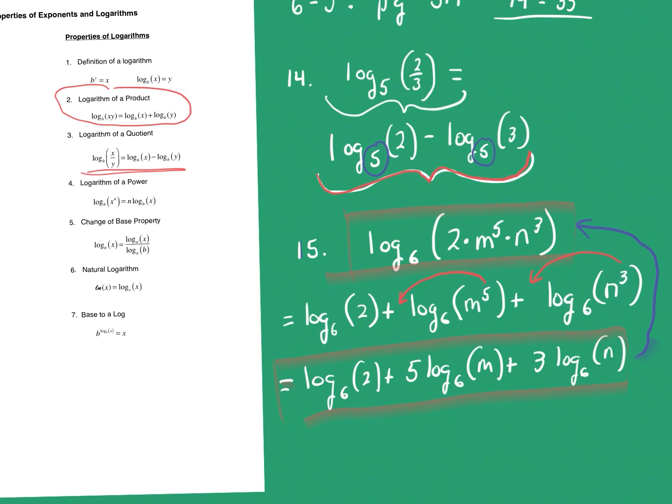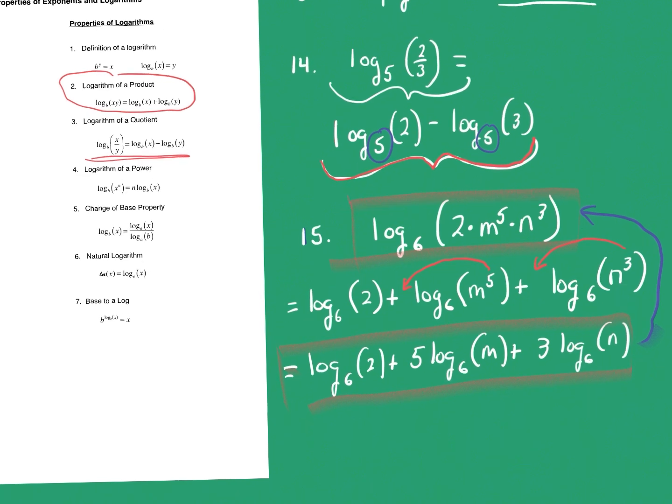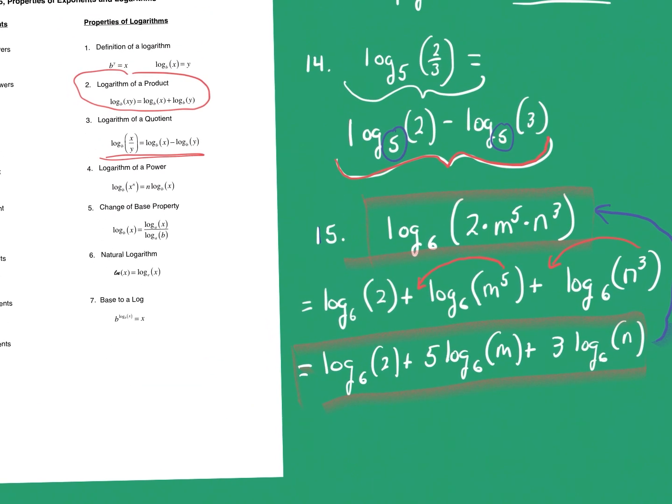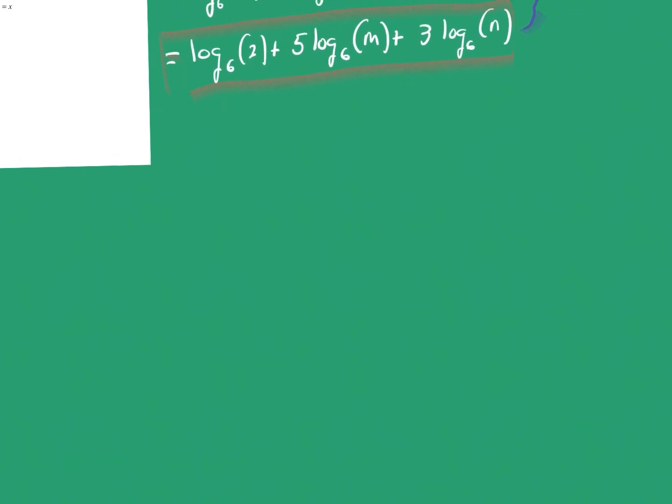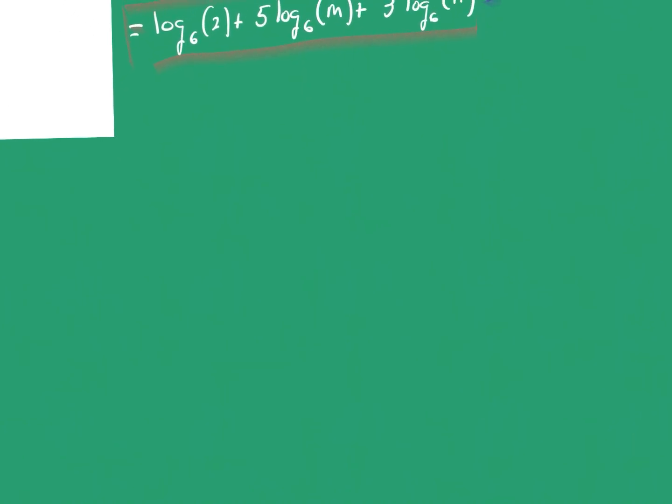Okay, let's work a few more problems. Let's jump down to number 18, because we want to work a few from each section here. Okay, so let's look at number 18. Oops, let's get back to a regular pen here and go back to white.